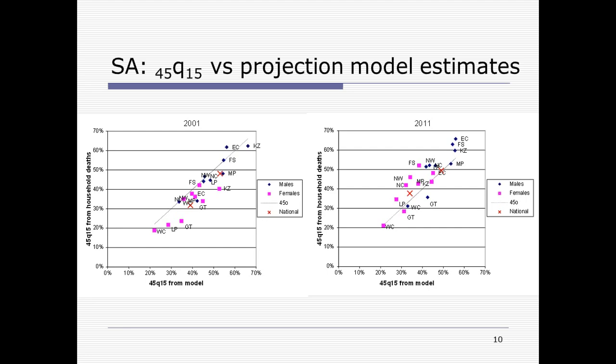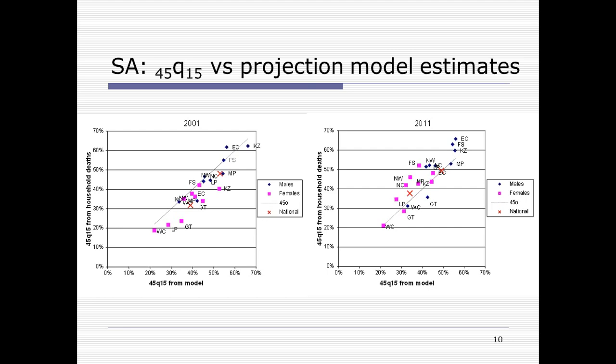Here I've shown a comparison of our estimates against estimates from a model. This is a model taking into account the impact of HIV/AIDS. And of course, quite a lot of the mortality we're dealing with is HIV/AIDS and the different levels of prevalence in the provinces.